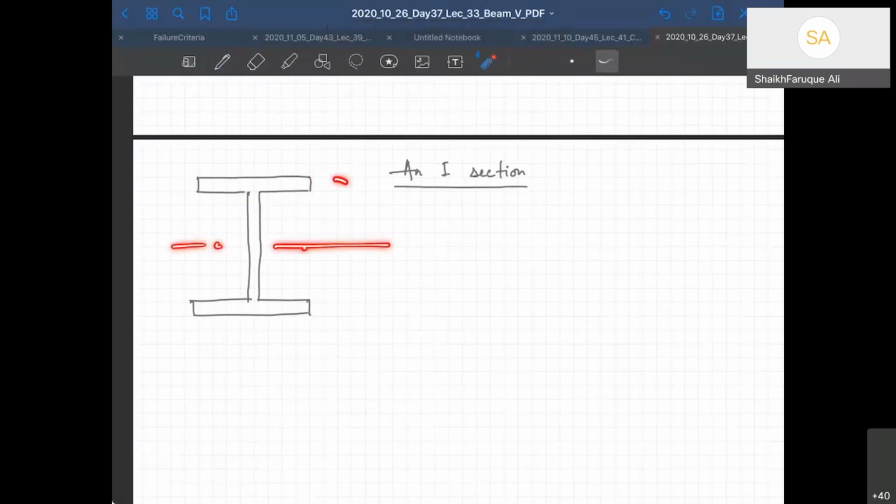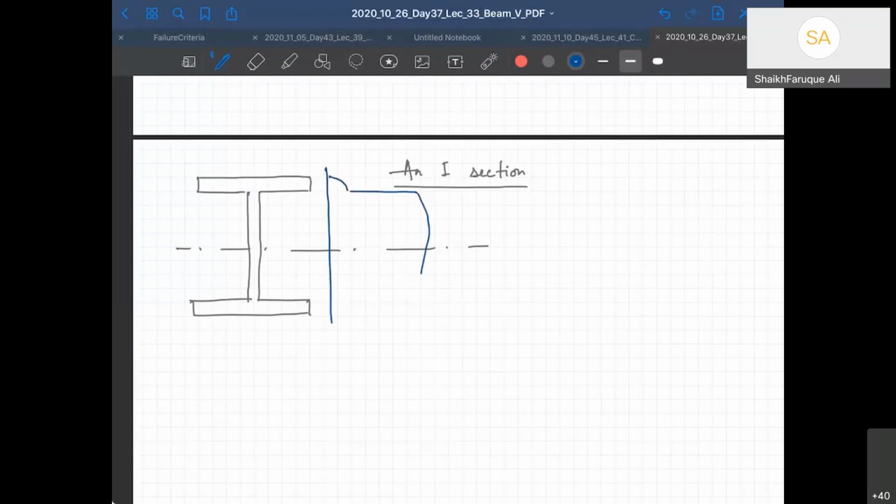So this one is going to have shear stress like this. Okay, so let us draw that. Right, it's going to look like this.